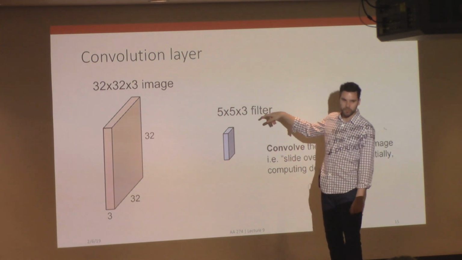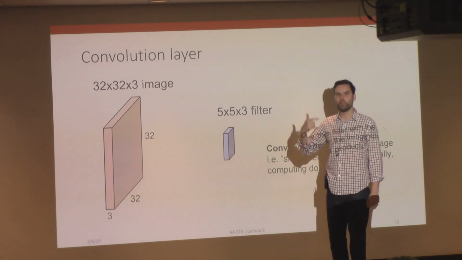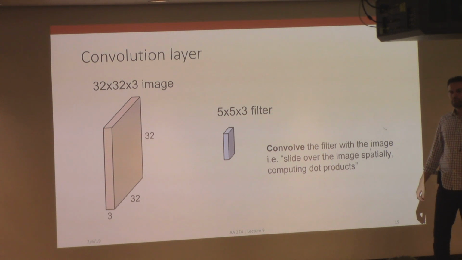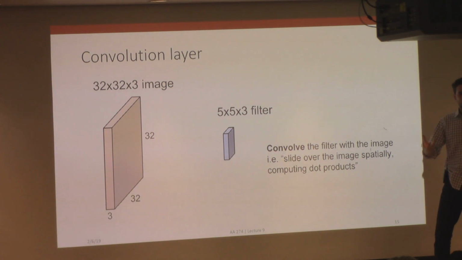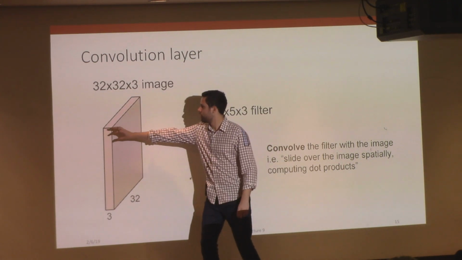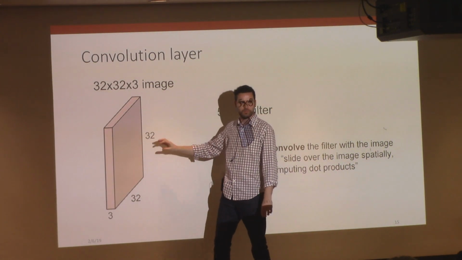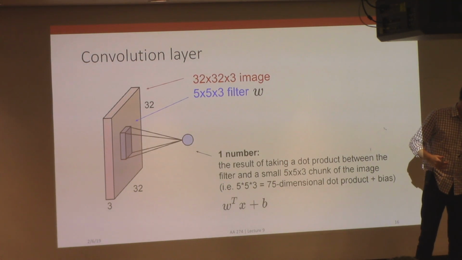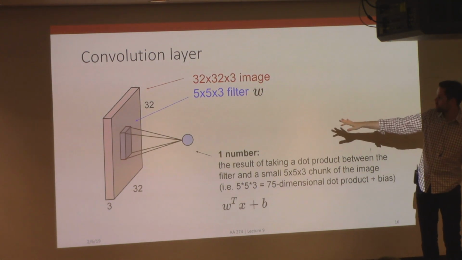When I say filter, you can actually think of the word weights, because what's going to happen is we are going to use the convolution operation to slide this filter over this input image, and then we're going to get an output at each location. It's exactly this operation.